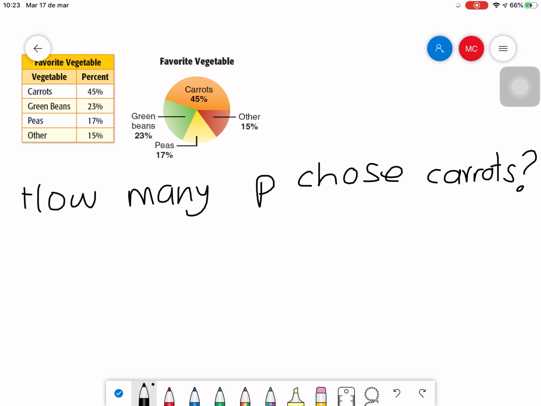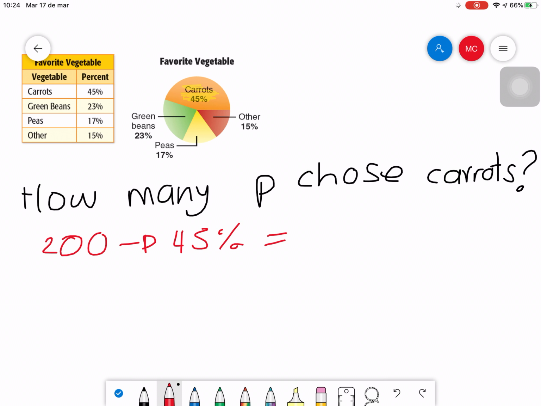Of course, I know that carrots represent 45% of the people in the survey. So I need to know how much is 45% out of 200. That's what I need to find. Of 200, how much is 45%?